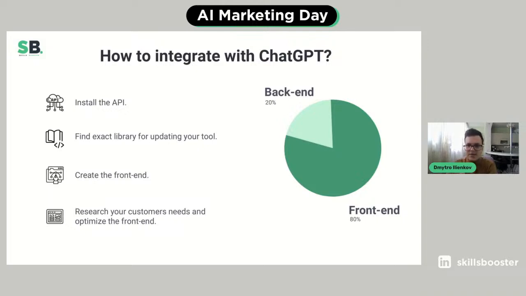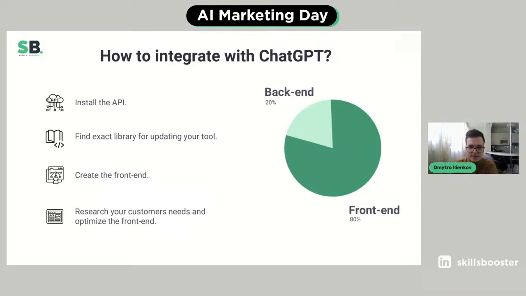Because ChatGPT has a very easy API, you can connect it to your platform quite quickly. They have good documentation, so you can get from there specific tools and methods to work with ChatGPT's API. So it's quite easy to integrate it into your platform.